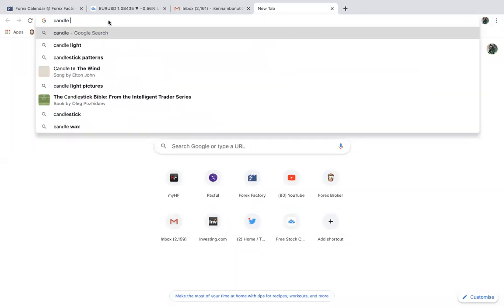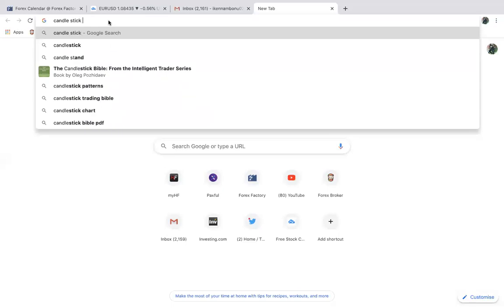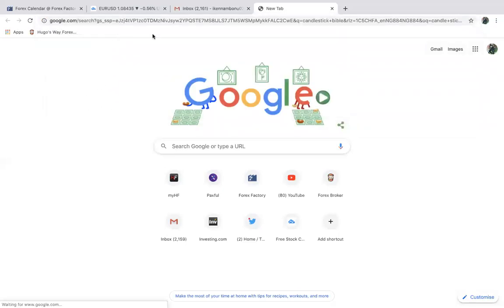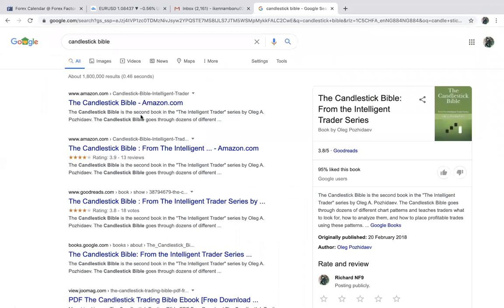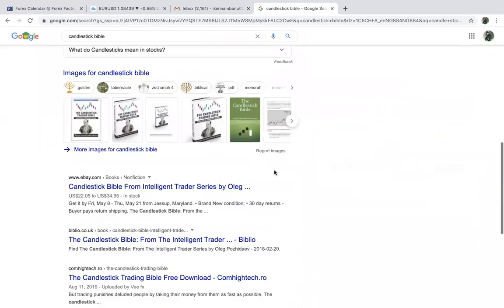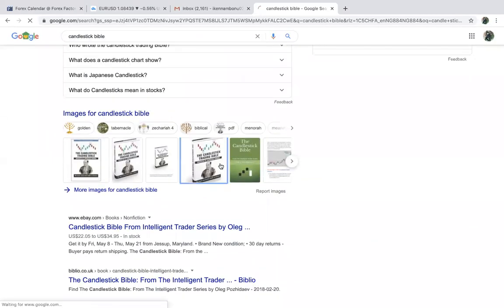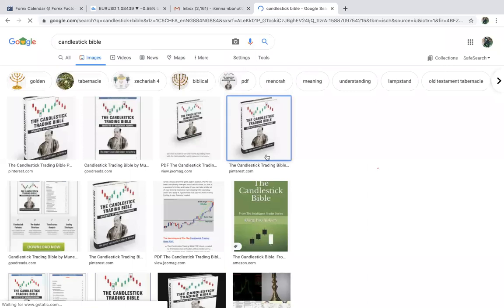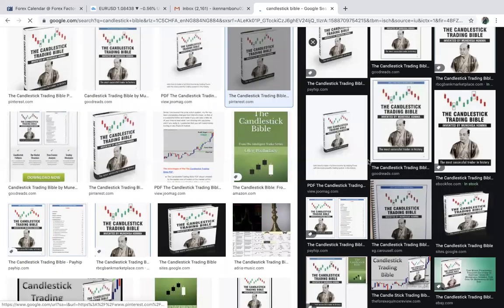I believe every first day I've gone through the Candlestick Bible. It's very, very important you go through it, because these are basic stuff. Yeah, this is the one.